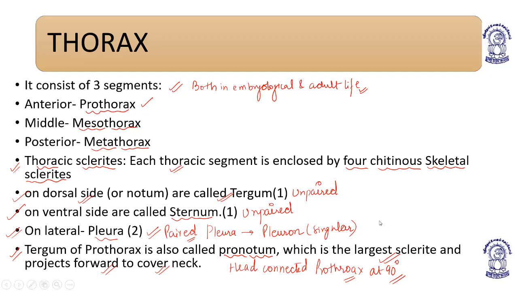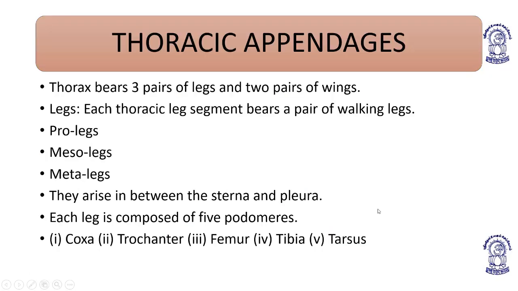Now, coming to the next slide, thoracic appendages. Thoracic appendages mean the thorax bears 3 pairs of legs and 2 pairs of wings.